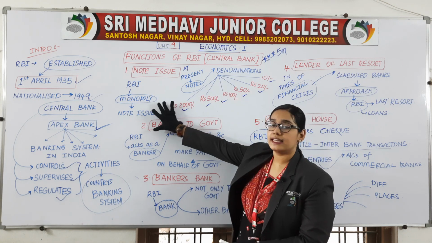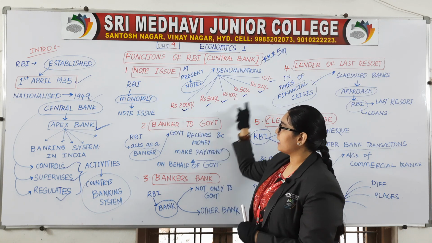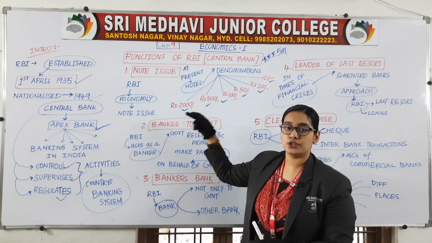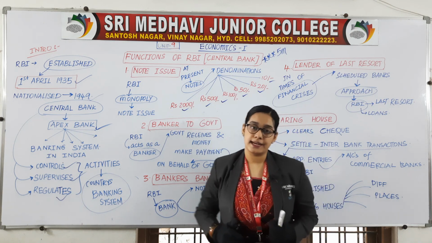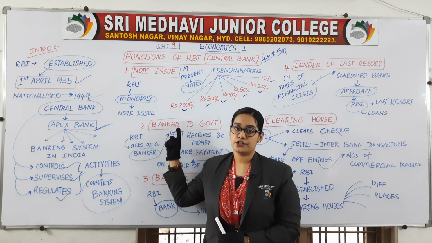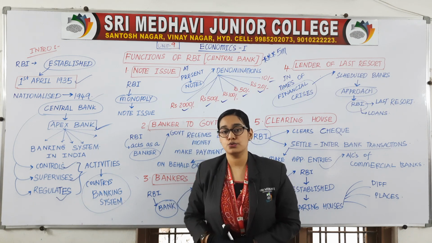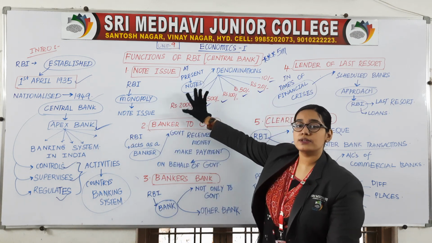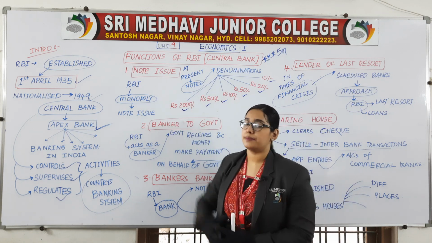So who has the authority to issue notes? That is RBI, and we have the following denominations: 2000, 500, 100, 50, 20 and 10. So the first function of RBI is note issue. You and I cannot print or issue notes. The only bank with the authority to issue notes is RBI.